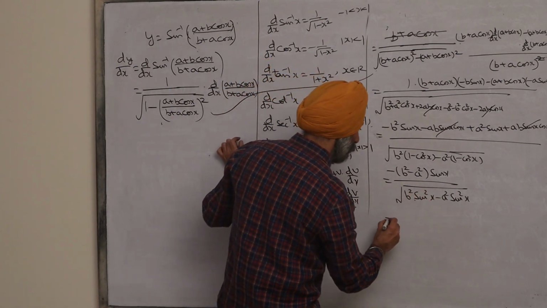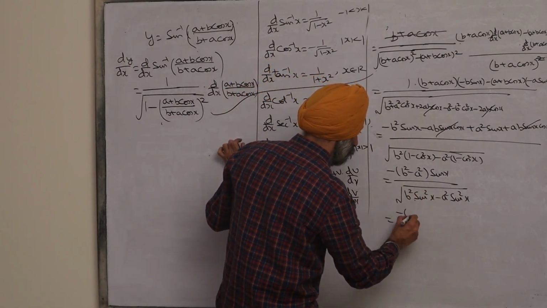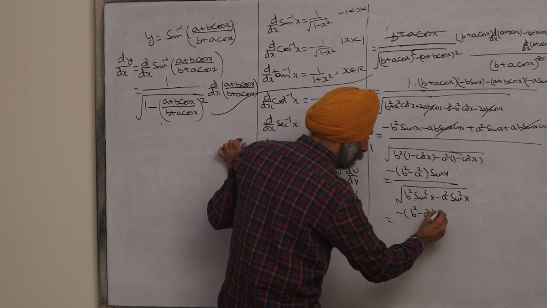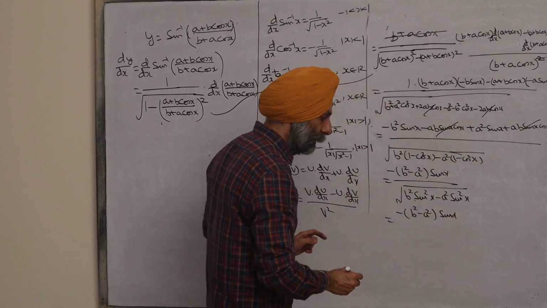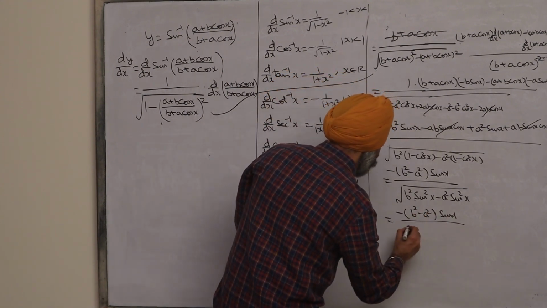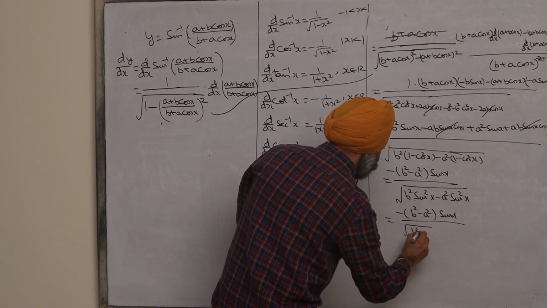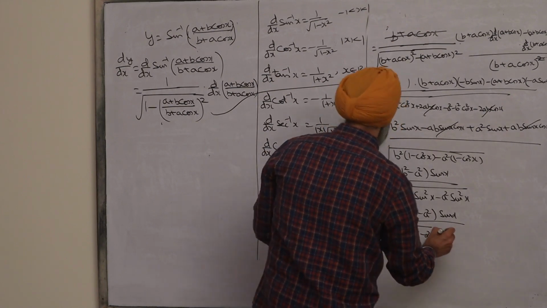Now again I can take sin square x common from the square root, it is minus (b square minus a square) into sin x upon under root of (b square minus a square) into sin x.